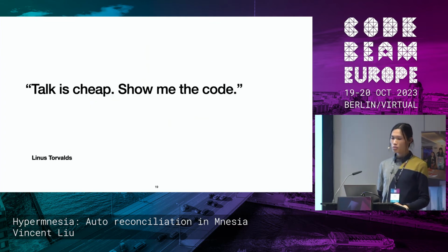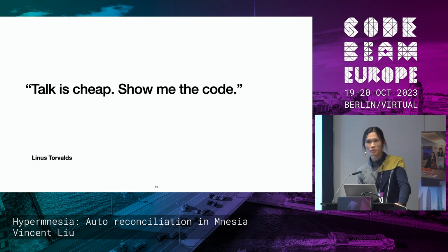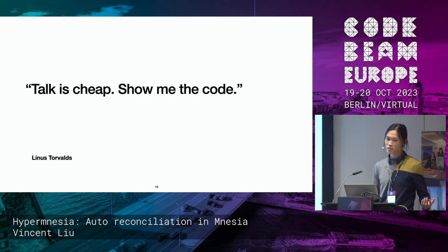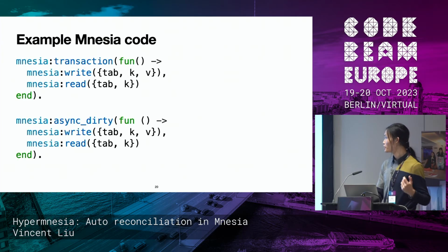Okay, so we've talked about the concepts a lot, and as developers, we would be quite interested in how we can actually use this feature. So this is roughly what it looks like to write some Mnesia code, if you're not familiar. You use Mnesia write, Mnesia read, and then wrap it in something called an access context.